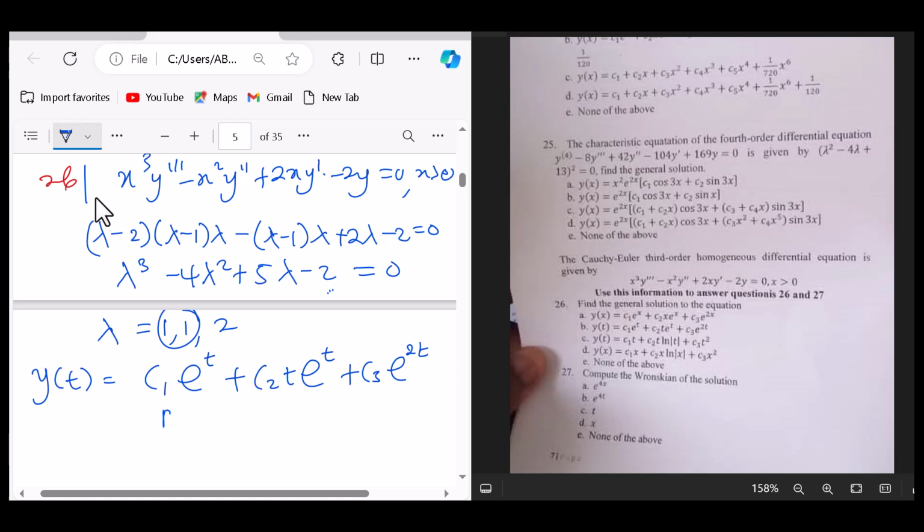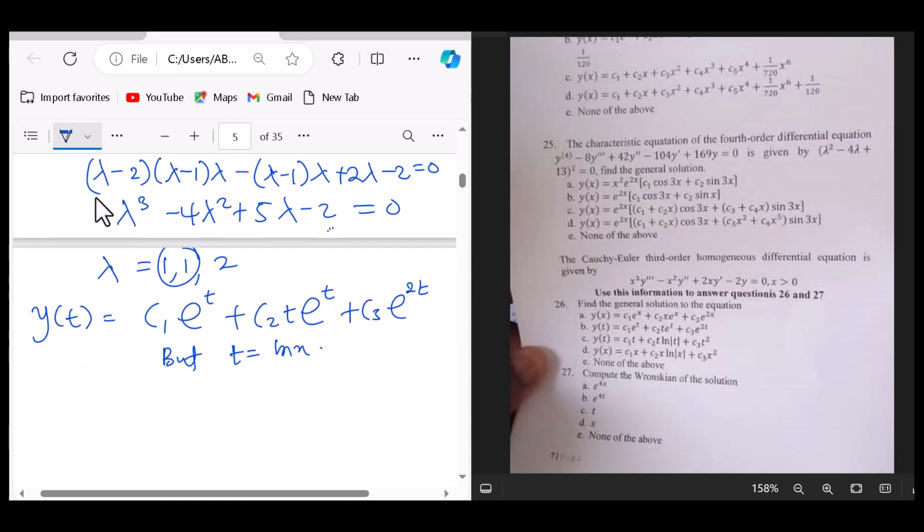But we do our substitution, we know that t is equal to ln x. So this will mean that we have c1 e power ln x plus c2 ln x e power ln x plus c3 e power 2 ln x.